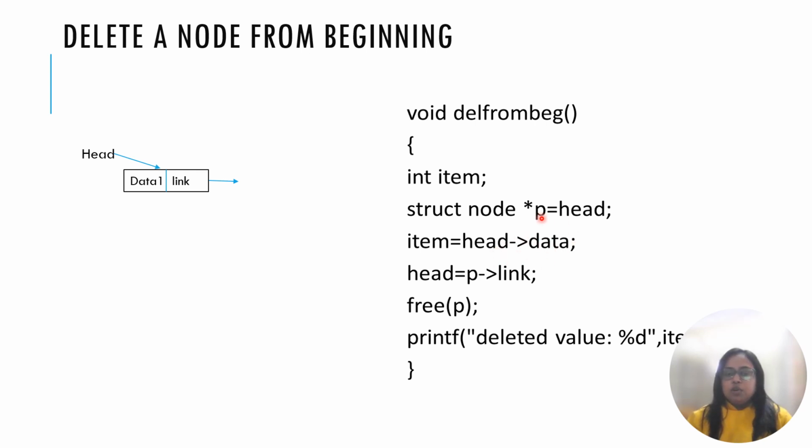So before losing that data, we collect it into our data item. Then head equals p link, so head will now point to the next node. Now free p. After moving head to the next node, you have to free the allocation.